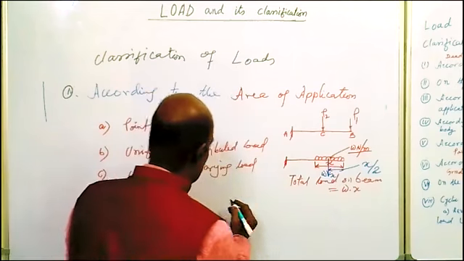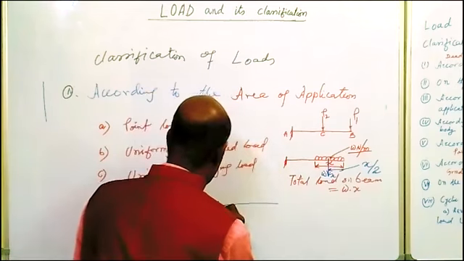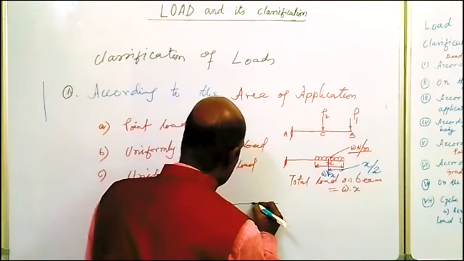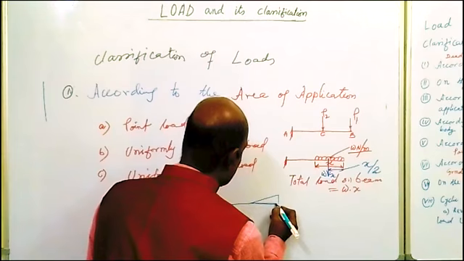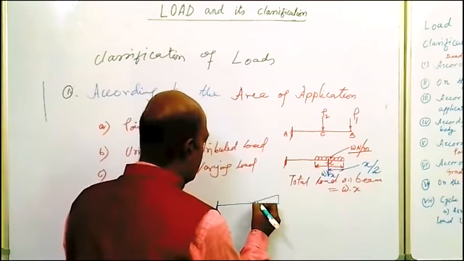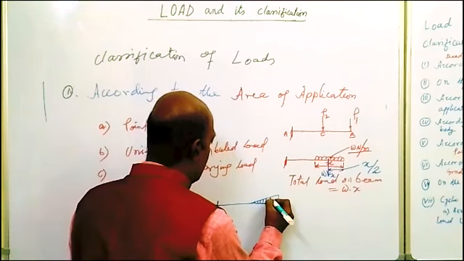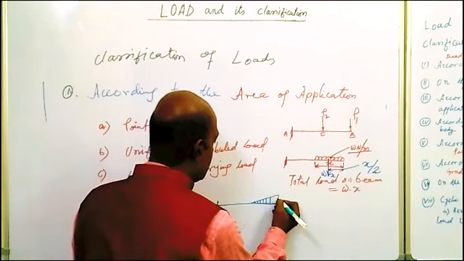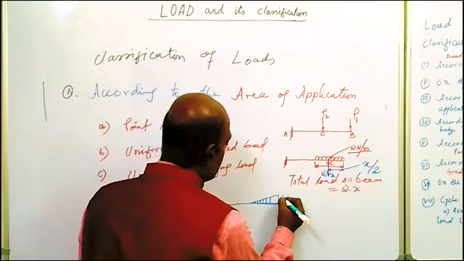Varying load. So consider a beam, say a cantilever beam, and the load is distributed like this. That means the magnitude of the load is uniformly increasing, or from this side if we see it is decreasing, and the maximum load value is W Newton.